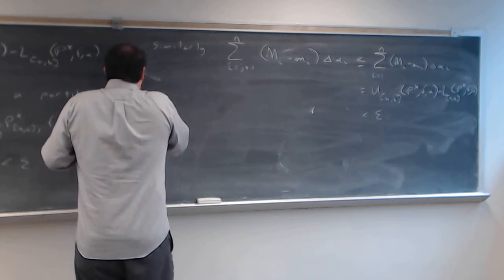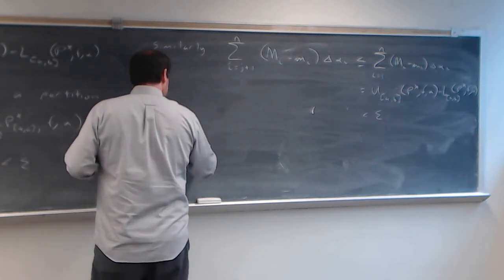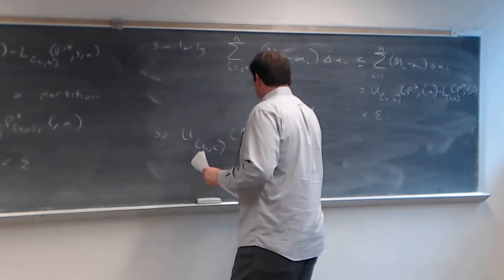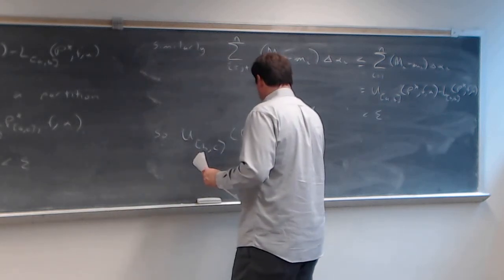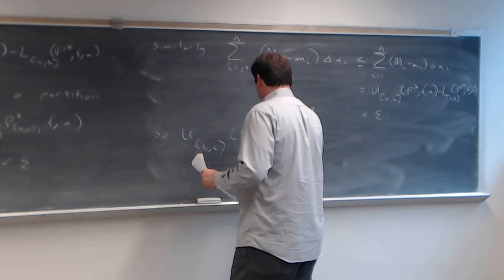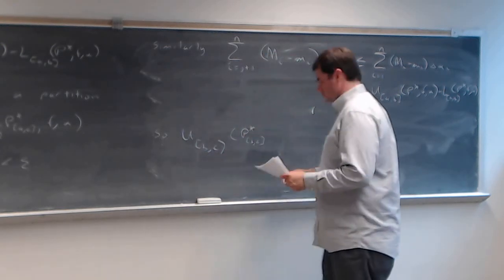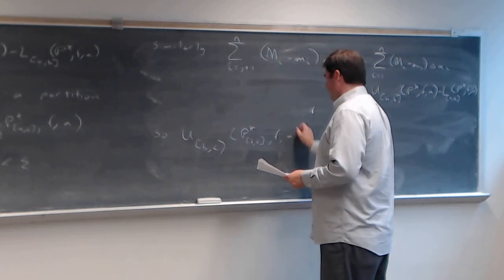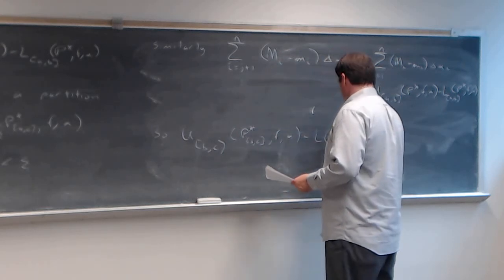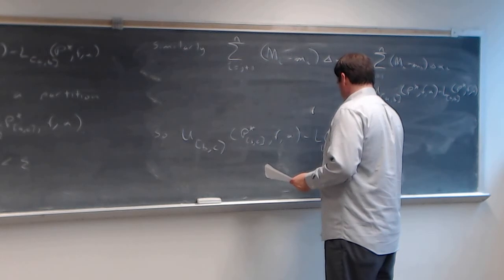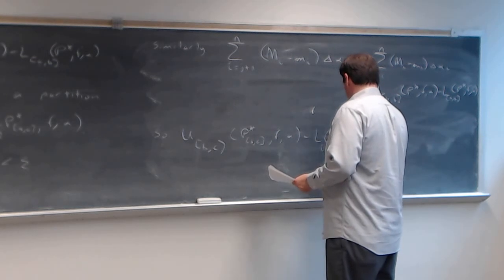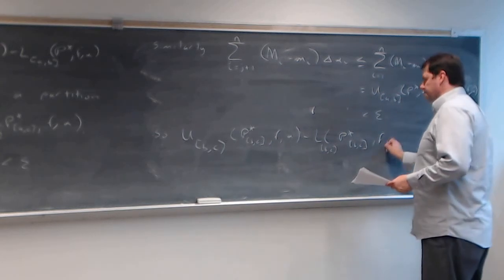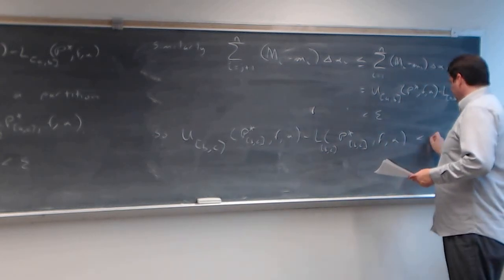So the upper sum over B to C of this P star from B to C of F alpha minus the lower sum over B to C with this partition B to C, F alpha, that's going to be less than epsilon.